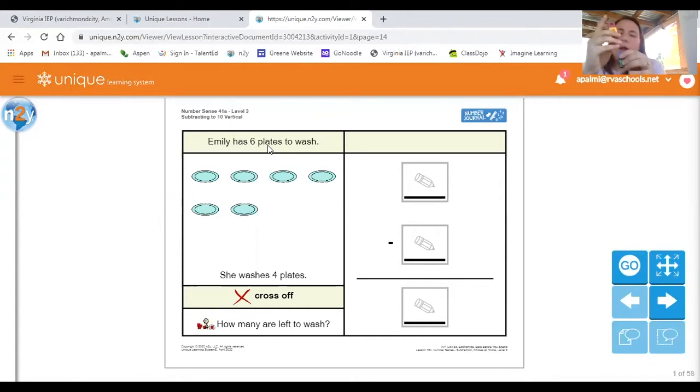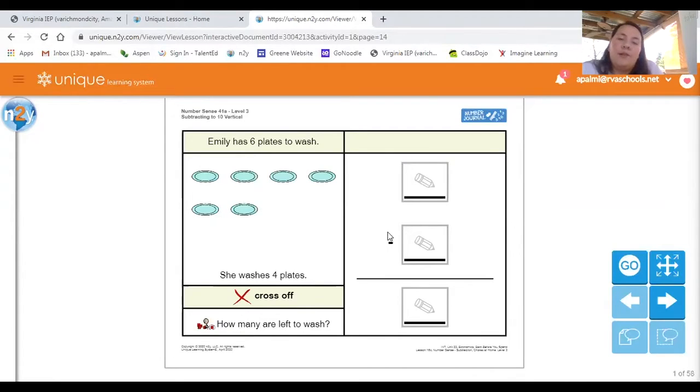Okay. So I have 6 blocks all together for Emily. She has 6 plates, so I have 6 blocks. And then it says she washes 4 plates. And my question down here at the bottom says, how many are left to wash?